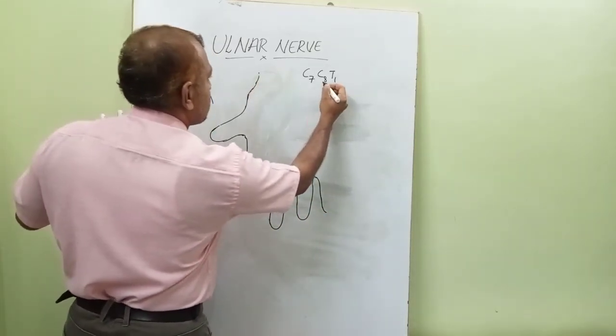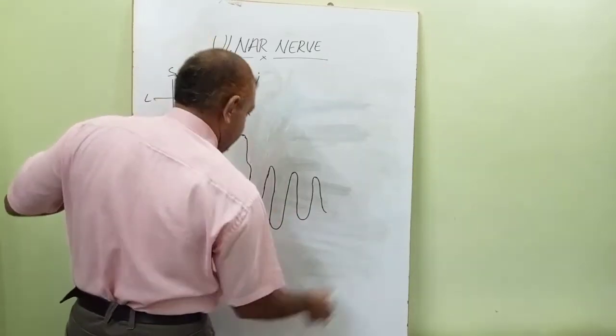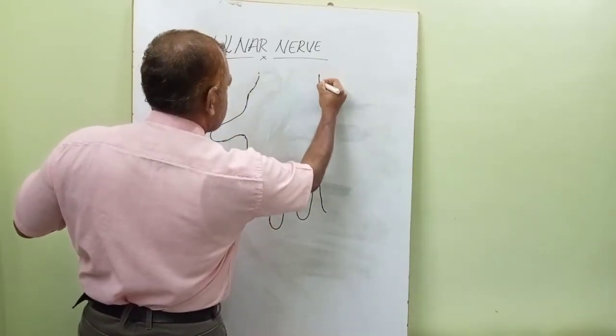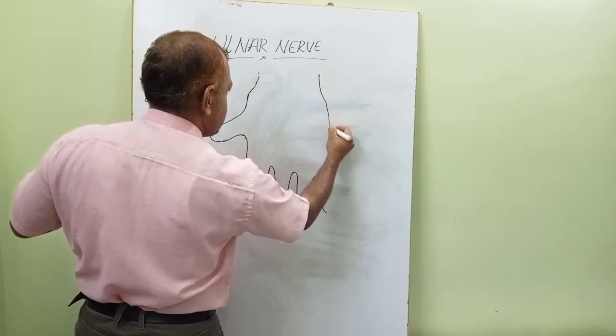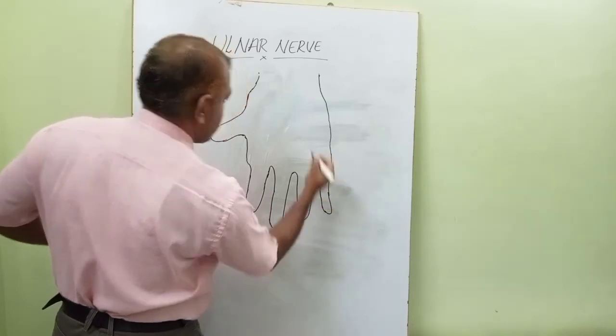Let me show you how the branches are going to form. This is your hypothenar eminence, the hypothenar area, and this is your little finger.